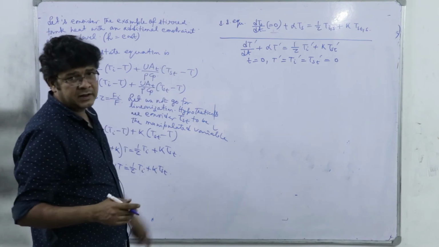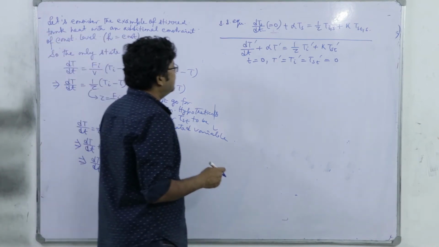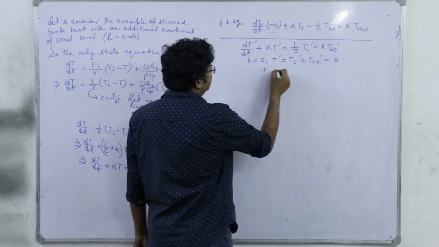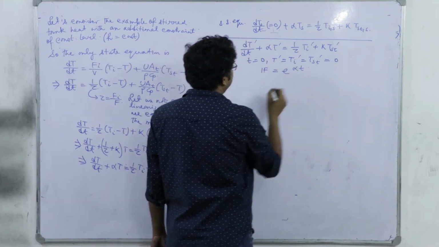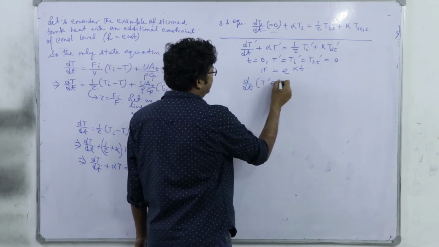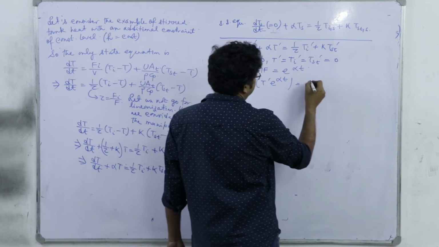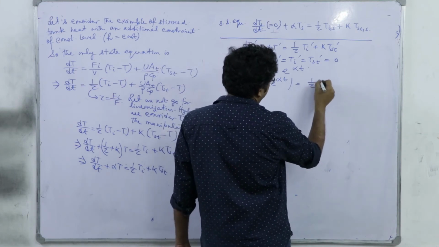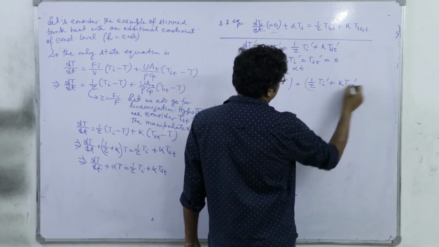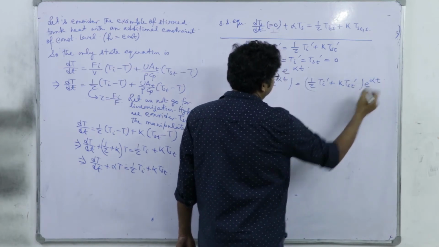It's a typical Leibniz linear differential equation. So my integrating factor is e to the power alpha t. We write d/dt of T' times e to the power alpha t equal to (1 by tau Ti' plus k Tst') times e to the power alpha t.